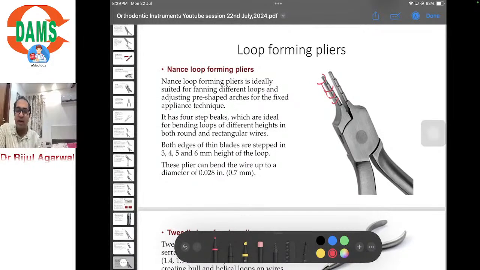The 4-step beaks are ideal for bending loops of different heights in both round and rectangular wire. They have a standardized diameter of 3, 4, 5 and 6 mm and can be used to bend wire up to a diameter of 0.028 inch. So basically what you should know is how to identify it and its use. Just a little additional information will help you to memorize it properly.